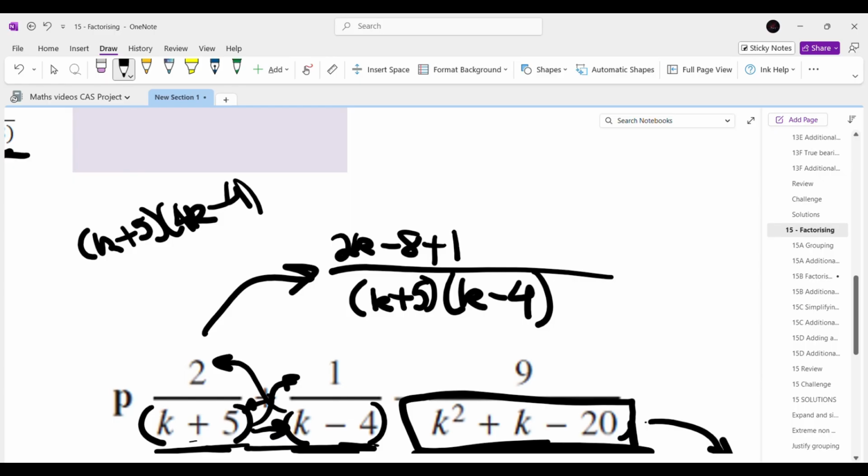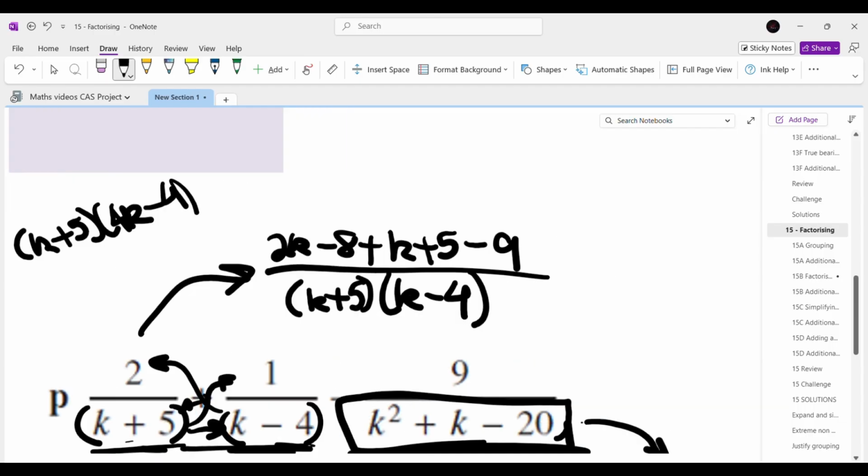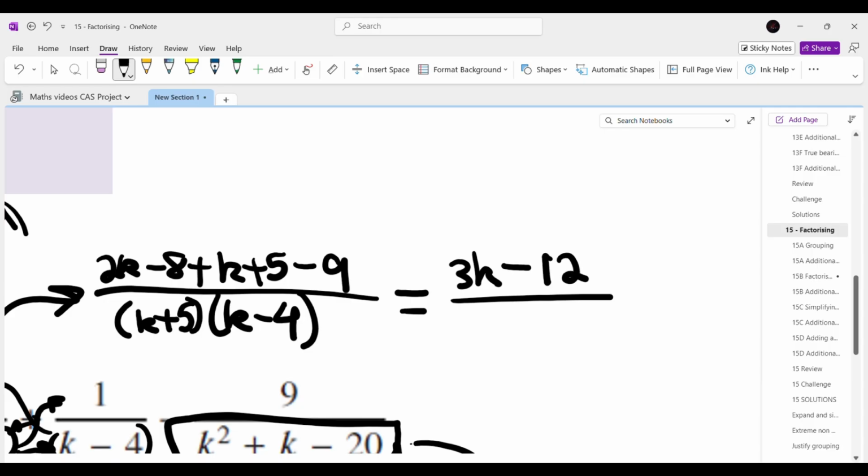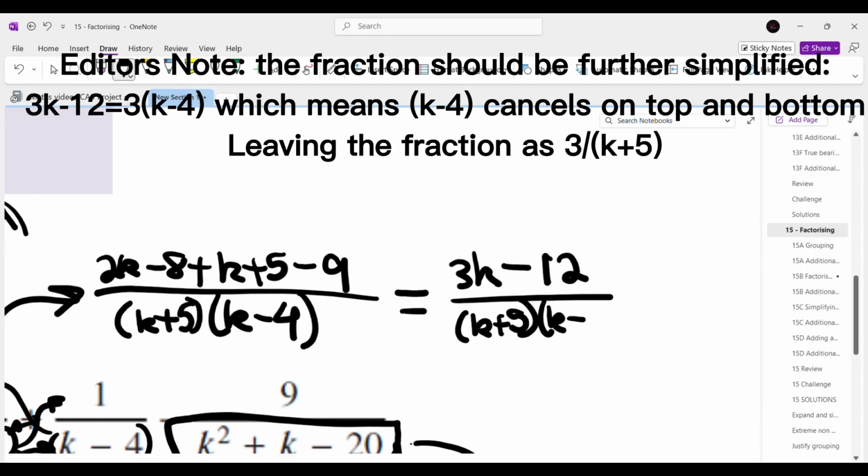So it's just k plus 5 and then minus 9. So if we simplify this down, this just becomes 3k minus 17 plus 5. This just becomes minus 12 over k plus 5. I'm just going to minus 4.